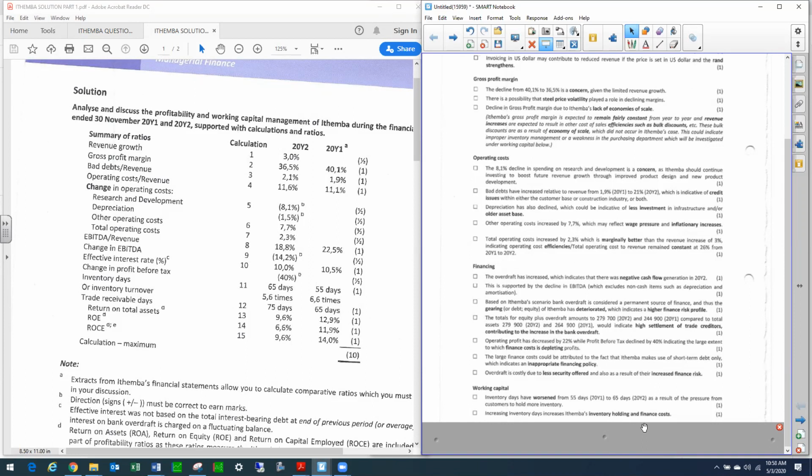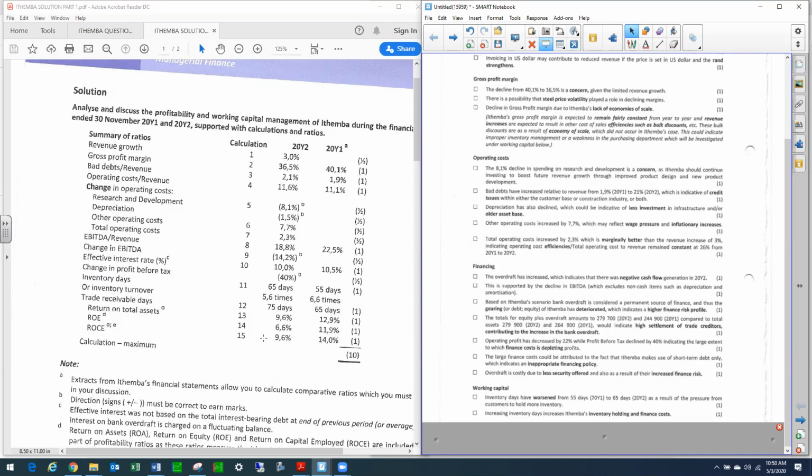Makes sense. And then return on assets and equity, guys. Tell me, are you doing good or bad? Bad. Terrible. Okay. Absolutely terrible. With return on total assets, what does that mean? Assets are being used less effectively. Are you guys comfortable with that?